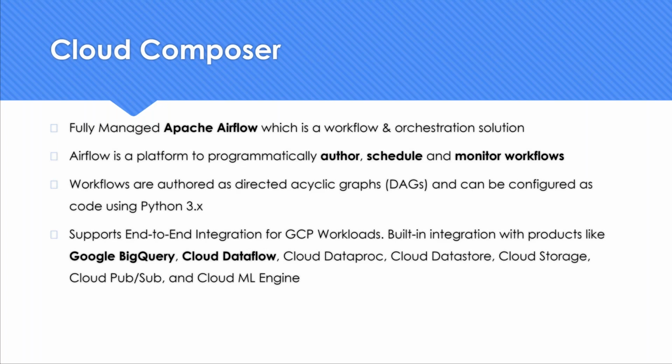It supports end-to-end integration for lots of GCP products, BigQuery, Dataflow, Dataproc, you name it. And not only GCP products, it also supports AWS and Azure products because it's open source. There are a good amount of data engineers who rely on this, but as a cloud architect, be aware of it.